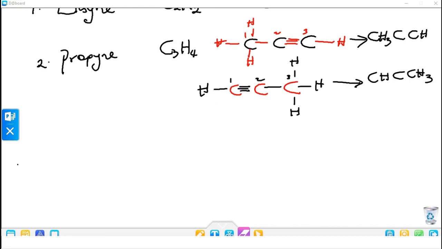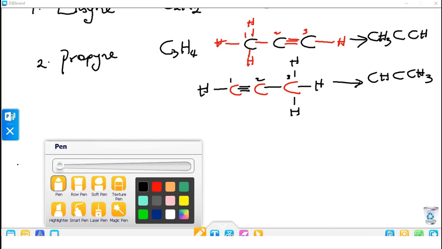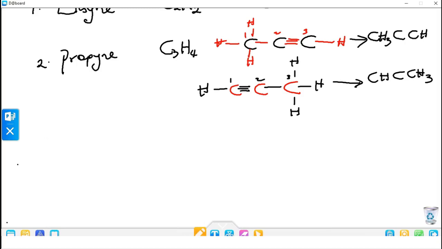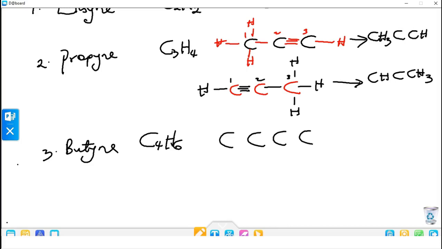So let us take a look at the third member of the alkyne family. This third member is butyne. So we are looking at butyne. Butyne has the molecular formula C4H6. And it's going to have a structure like this: 4 carbon atoms.